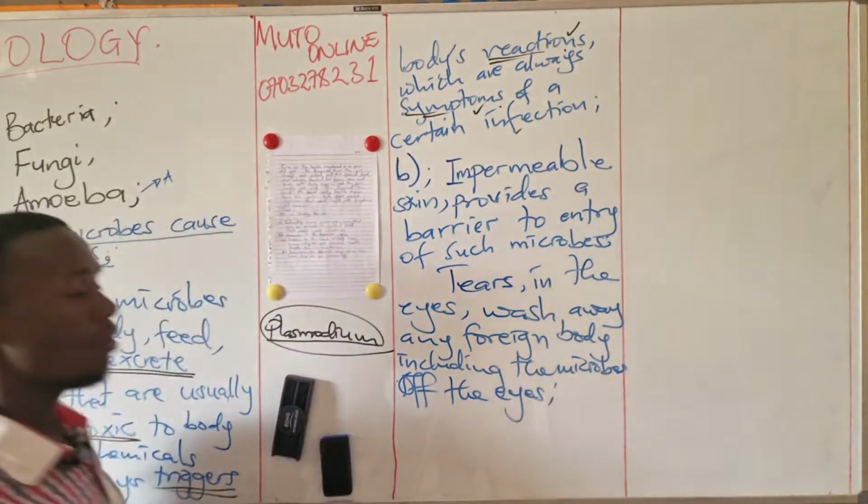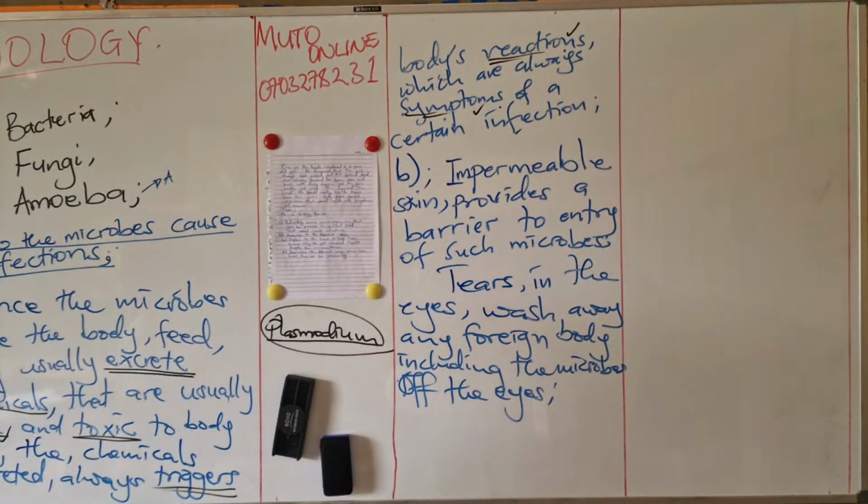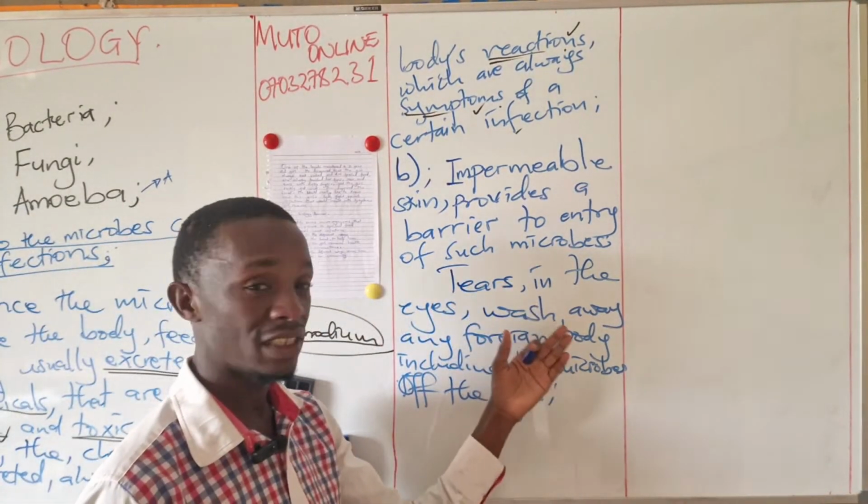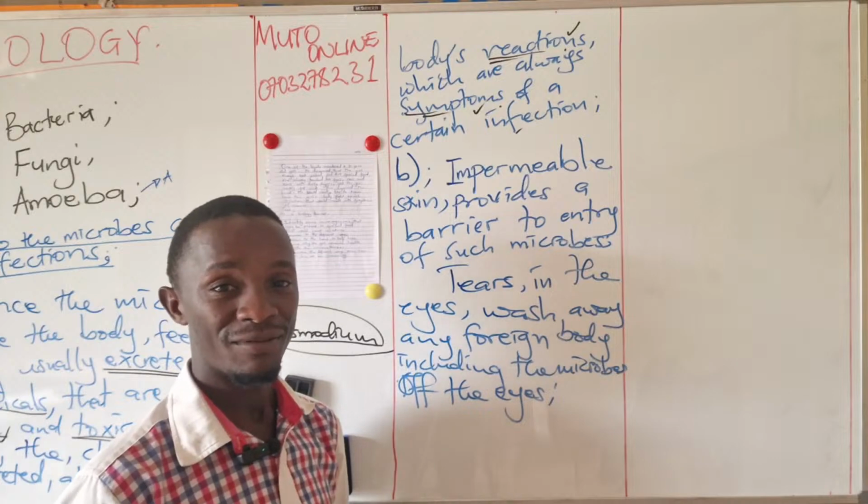So the major role of the tears is to clean the eyes. Look at this circumstance or instance where you move in dust. When the dust tries to get into the eye, what happens? You will start to shed tears, not because you are in sorrow or mourning, but because the eye is cleaning itself free from this foreign body.